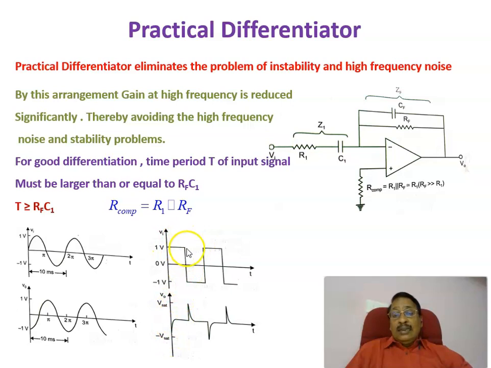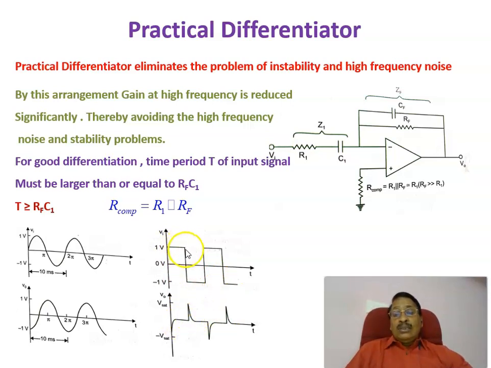Similarly, for a change from plus 1 to minus 1, you are getting positive spikes, because of the minus RF into C1. Therefore, only when a change is happening will you get spikes. But when it is constant, dVi by dt equals 0, that is why you are not getting any voltage.